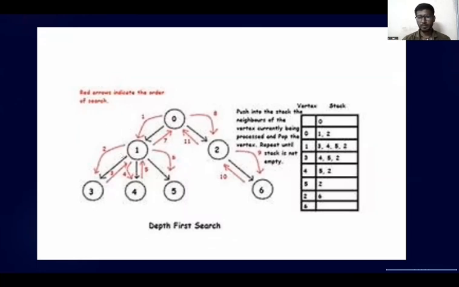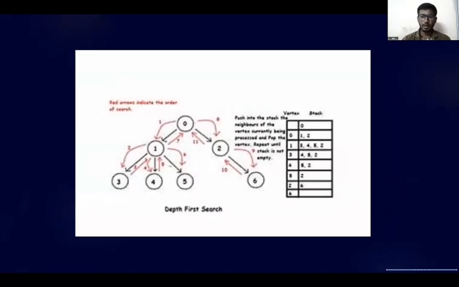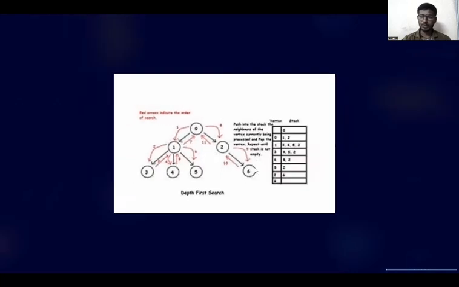Backtracking is the most important property of DFS. After completing the left, it goes to the right side. So it prints 0, 1, 3, 4, 5, and 2 and 6. So this is depth first search.